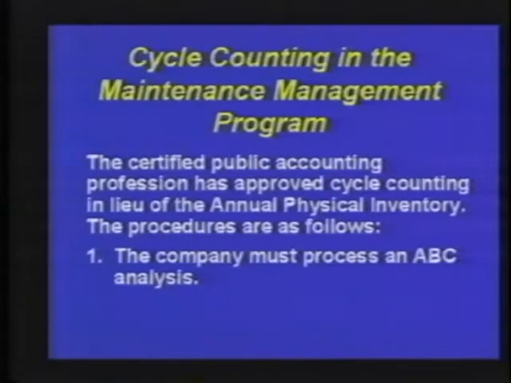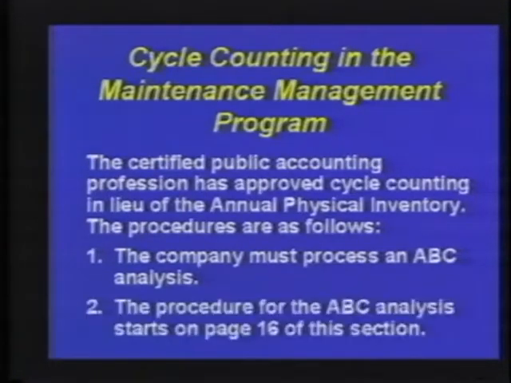So let's get into the outline, which starts off on page 17, item 1. You must process the ABC analysis first. And of course, we went through this process, but step 2, I have a cross-reference in case it is ever required for your purpose a little later.